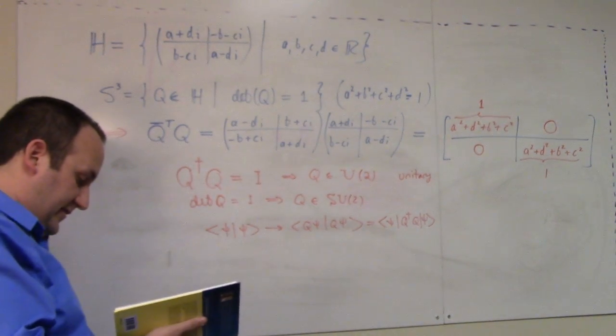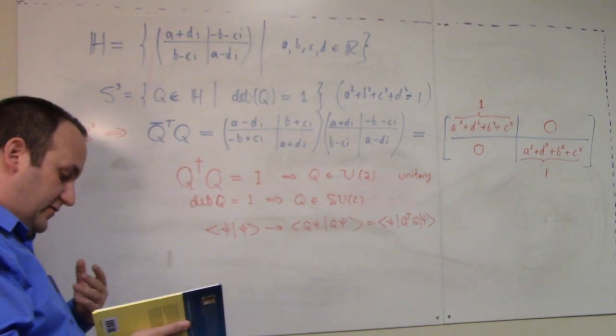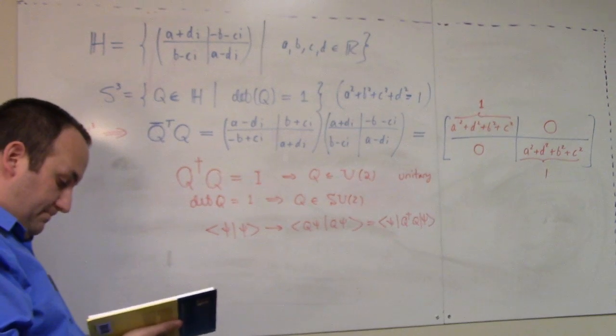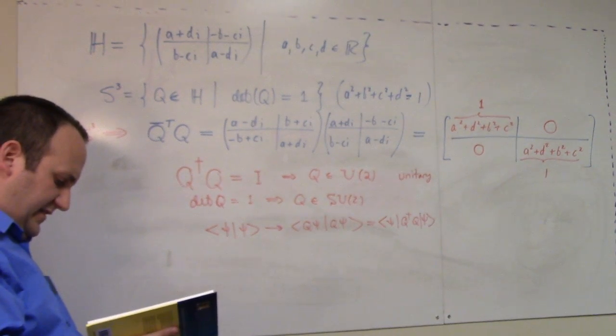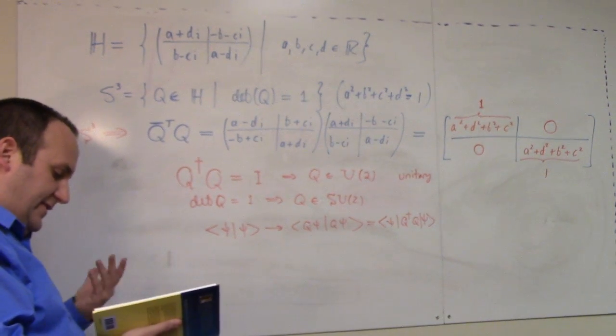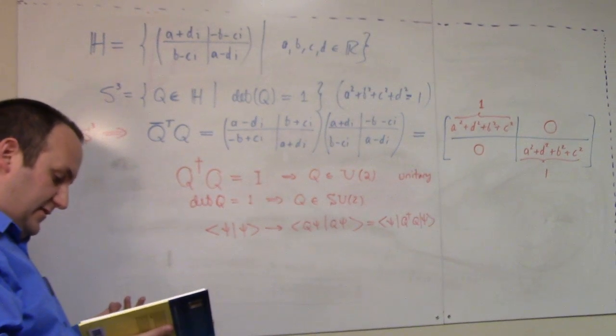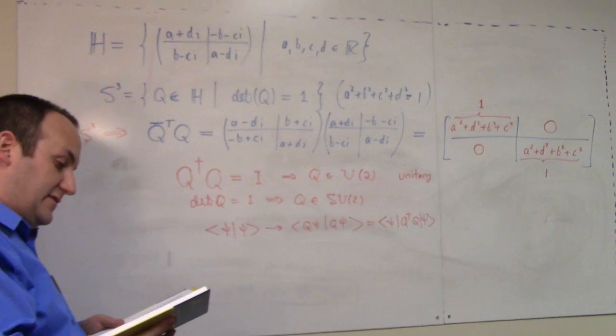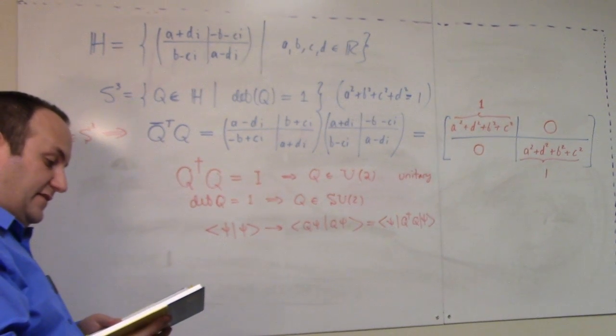He says, we saw in section 1.5 that the rotations of R3 correspond 1-to-1 to pairs of antipodal unit quaternions. And then he reiterates the conjugation map.